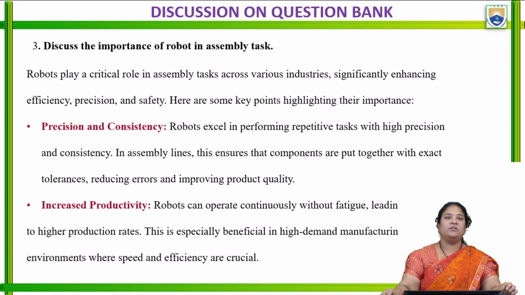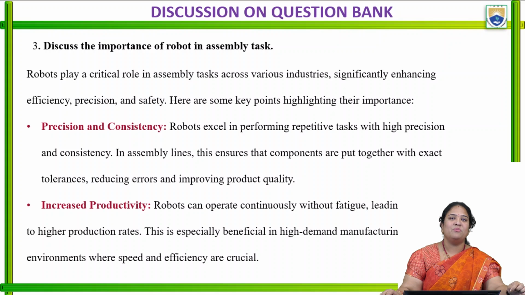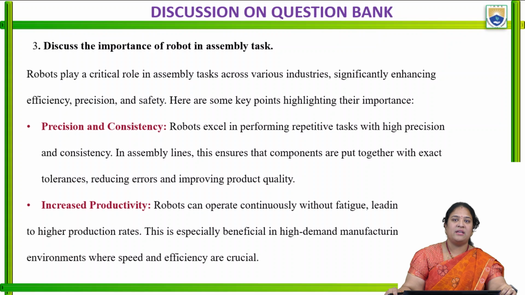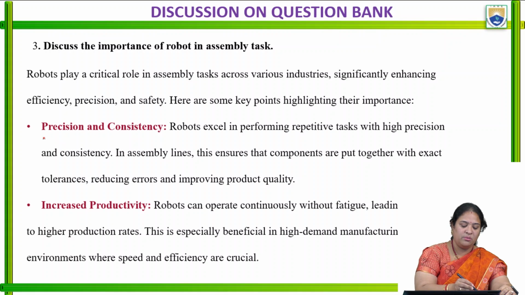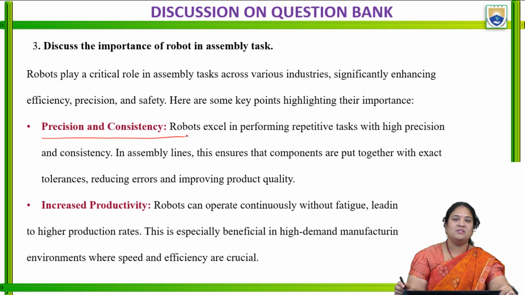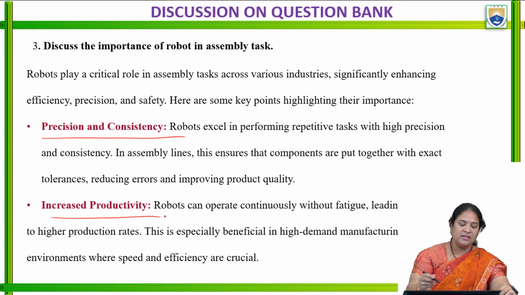Next, moving on to the third question: discuss the importance of robots in assembly tasks. What can we do in assembly task operations? A robot plays a very crucial role in assembly operations across various industries, significantly enhancing efficiency, precision, and safety. Some of the important points are precision and consistency, and increased productivity.